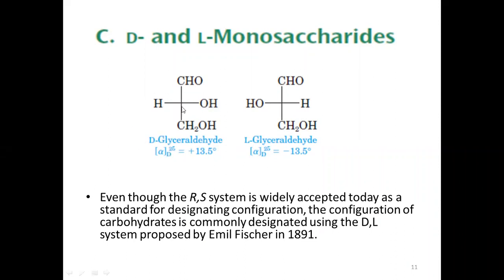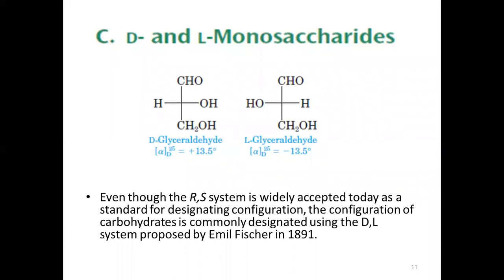And this one, when it's checked with an instrument, we call this one D, or dextrorotatory, where it rotates the plane polarized light into the positive direction. Remember your organic chemistry. And when it's called L, L means levorotatory. It rotates the plane polarized light into the negative direction. So they are what you call enantiomers. When you try to superimpose these two, they are not superposable.